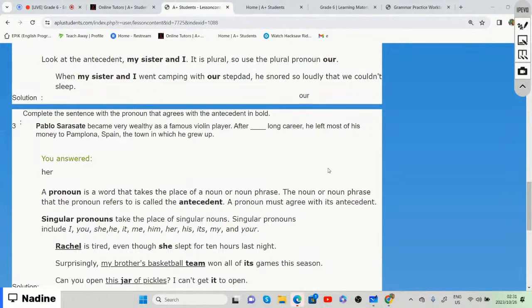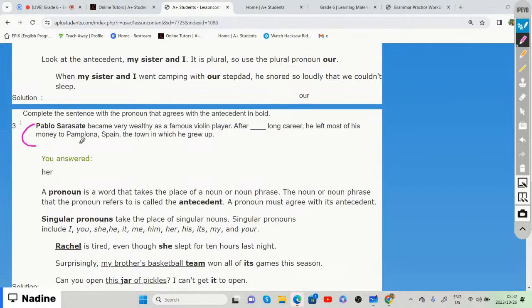After long career, he left most of his money to Pamplona, Spain, the town in which he grew up. So we now need to identify the pronoun that represents or agrees or refers to Pablo Sarasate. And this is going to be a singular pronoun that we need to identify.